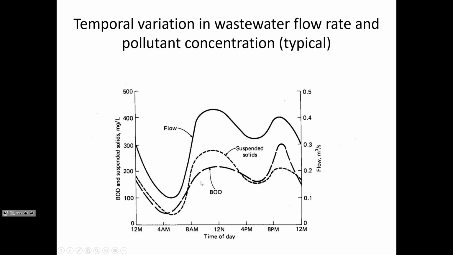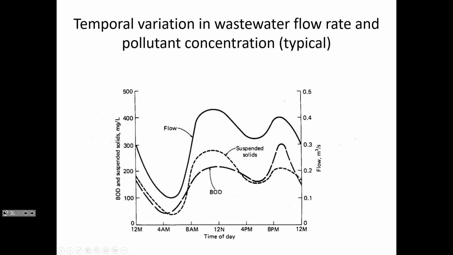But the interesting thing is, it's not just the flow rate that varies through the course of the day, but it's also the concentration of the waste. So it's not like a liter of wastewater at 4 a.m. has the same milligrams per liter of BOD as a liter of wastewater in the middle of the day. And the reason for that is that in the middle of the night, a larger proportion of what's in the sewer is going to be infiltration and inflow.